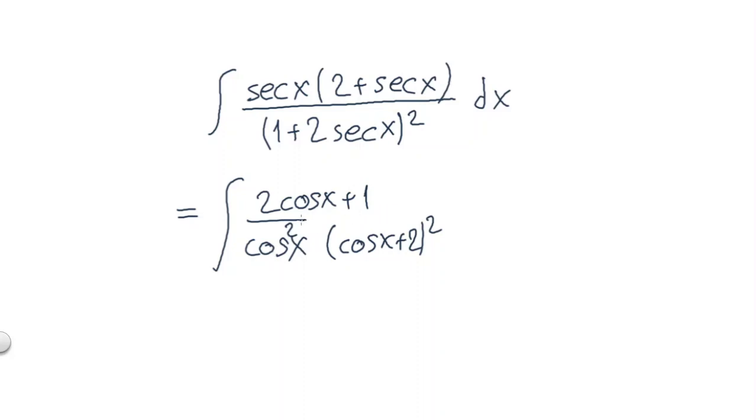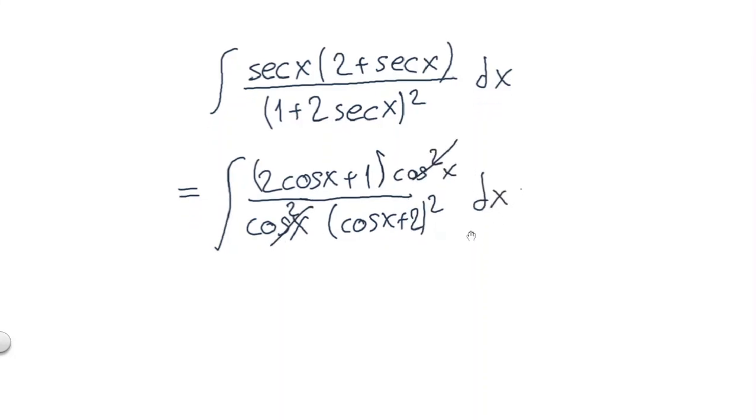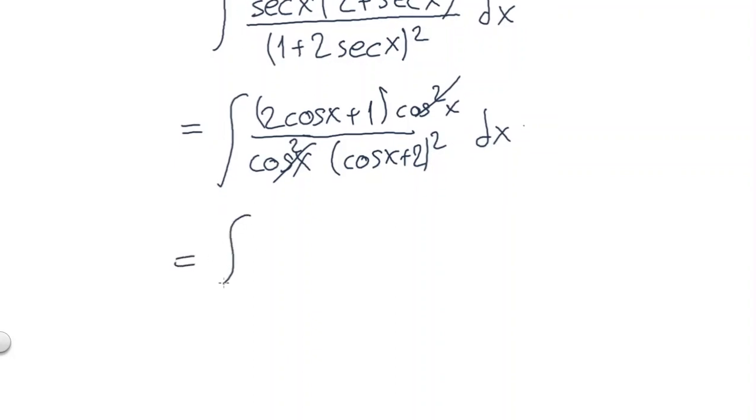It will cancel with this one, so these two will just simplify. So it will be 2 cosine x plus 1 over cosine x plus 2 squared.